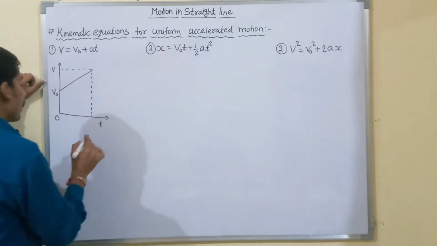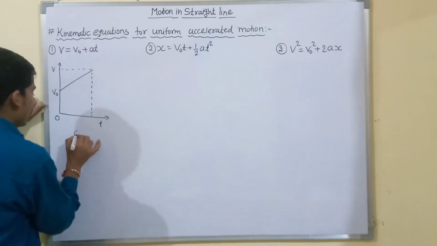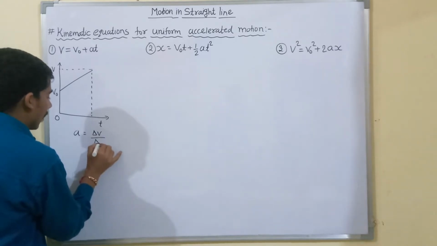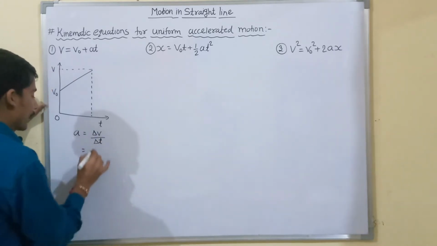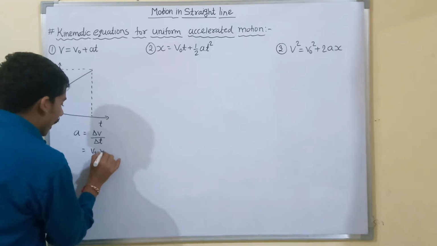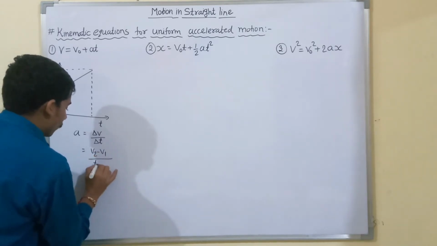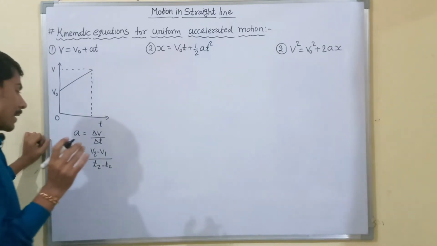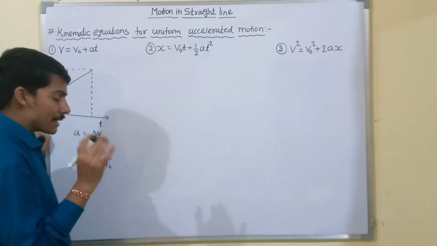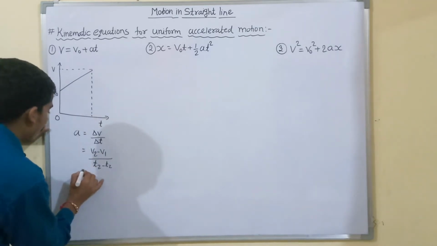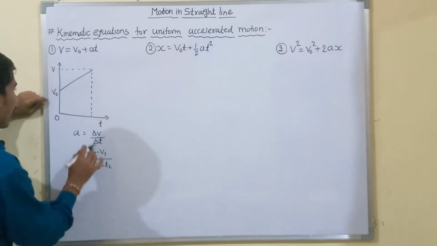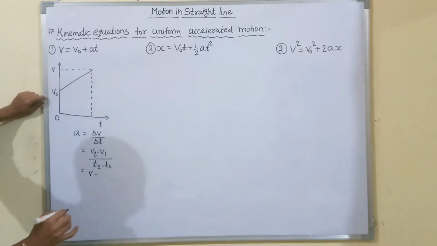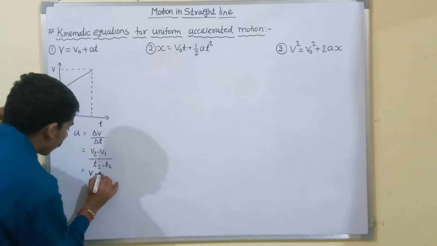Now we know what the acceleration formula is: delta v by delta t. What is delta v? That is v2 minus v1 upon t2 minus t1. v2 is the final velocity, denoted by v, and v1 is the initial velocity, denoted by v0.